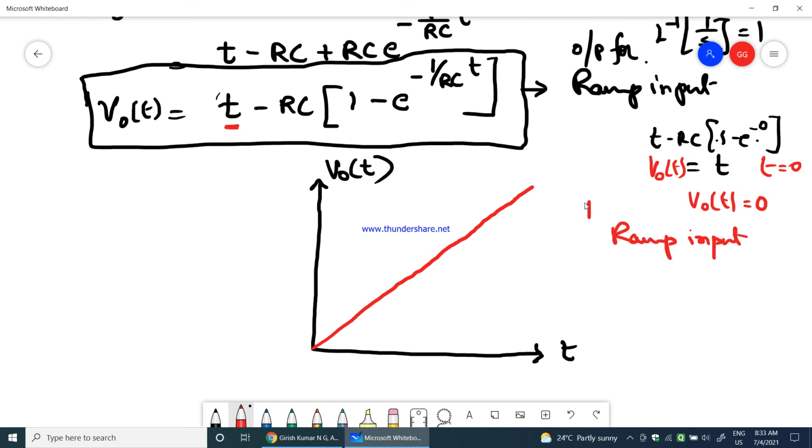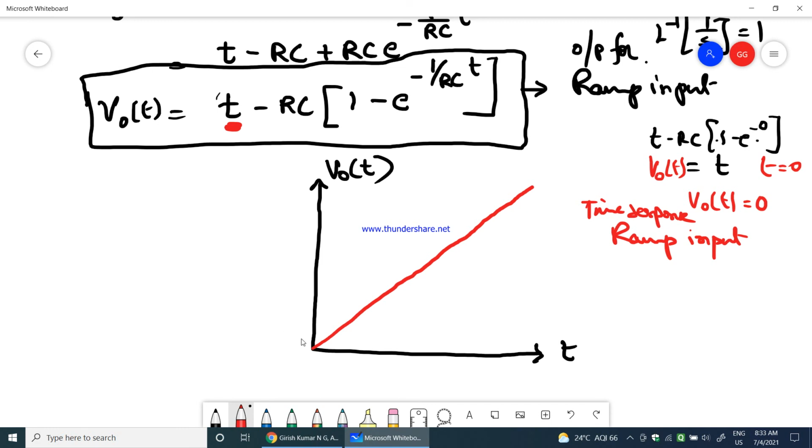This is the time response. So why did we get this curve this way? As we have a t here, try to take t equal to rc, 2 times rc, 4 times rc, 5 times rc. You see that the graph varies with respect to time t. Not only the e power term, it also varies with respect to time t.